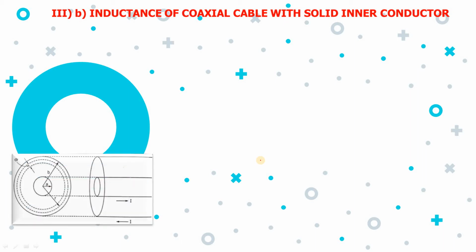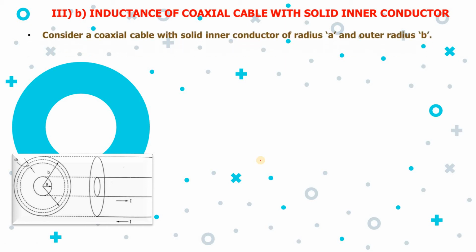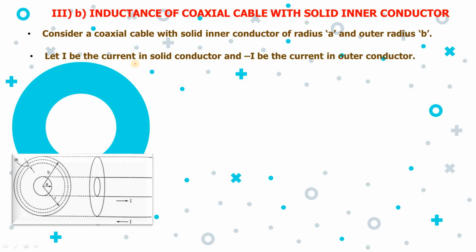Let me check the same diagram again. Consider a coaxial cable with a solid inner conductor of radius A and outer radius B. Now let I be the current in the solid conductor and minus I be the current in the outer conductor.